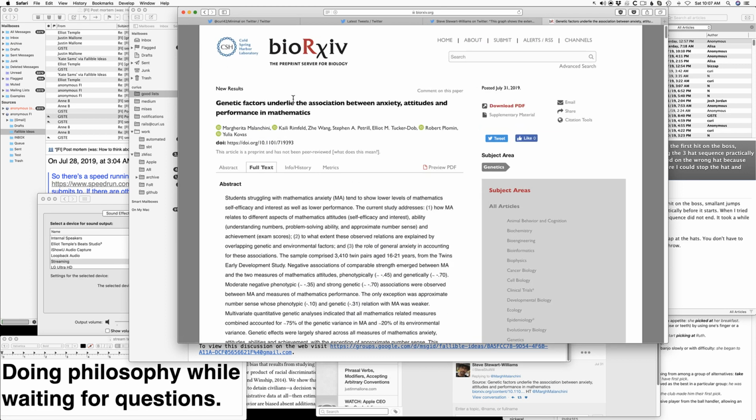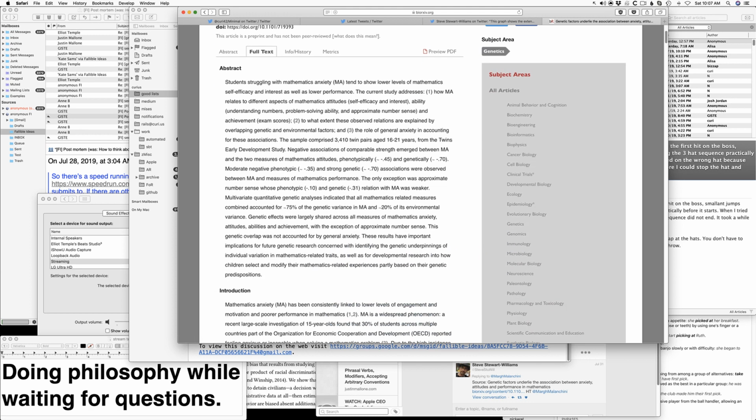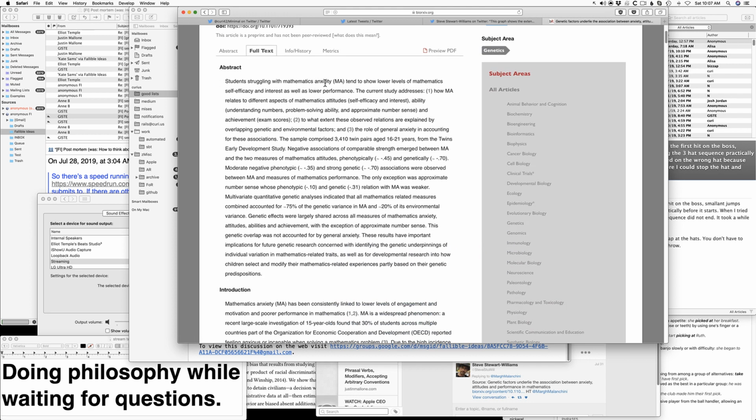Okay, "Genetic factors underlie the association between anxiety, attitudes, and performance in mathematics." Okay, so I don't believe them. "Students struggling with math anxiety, MA, tend to show lower levels of self-efficacy." What is self-efficacy? I understand efficacy in math. If you're getting higher test scores, that's more efficacious, which means effective, because you're getting more right.